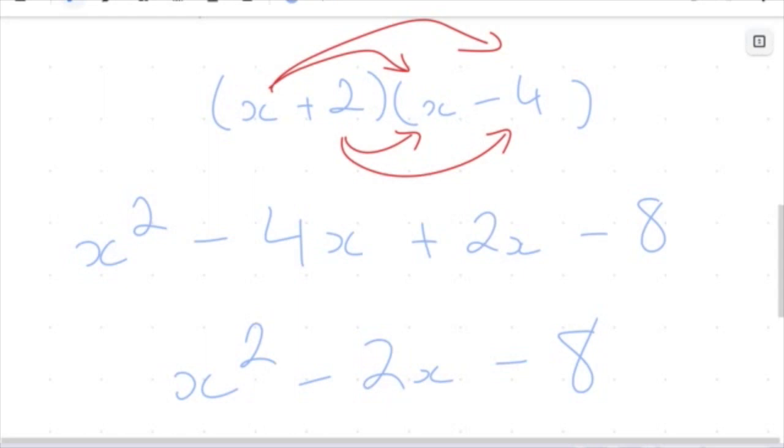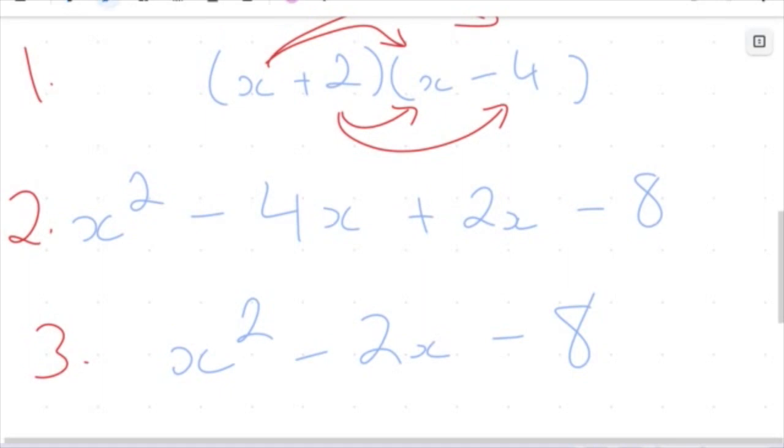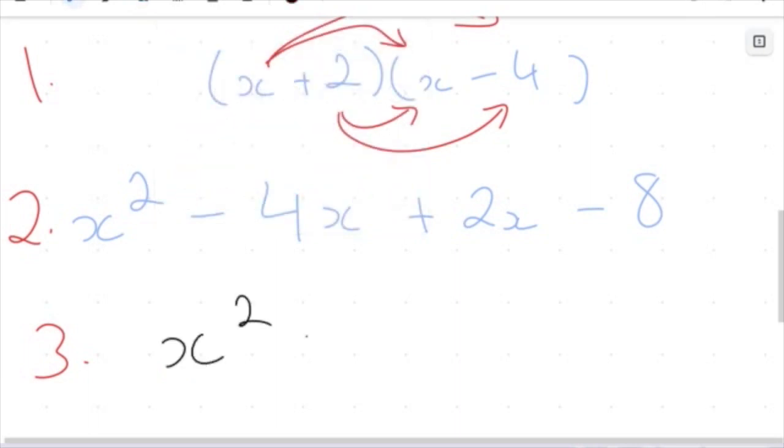Now, I want you to consider the order in which we've done this. So we have step 1, step 2, step 3. And I want you to have a think about anything you can notice. So I end up with x squared minus 2x minus 8.